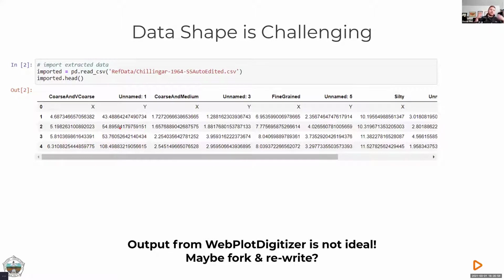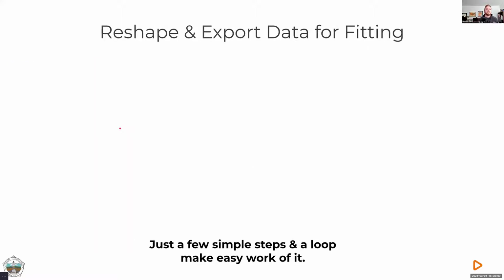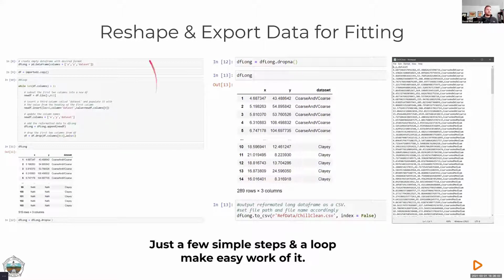So okay, now we've got to change how the data look. And we're just going to write some code. All it does is take the data set and transform it so that we instead have X, Y, and then the name of the data set. And we're going to drop the ones that don't have values, because you can see not everything is digitized, and there are a bunch of nuances to it.